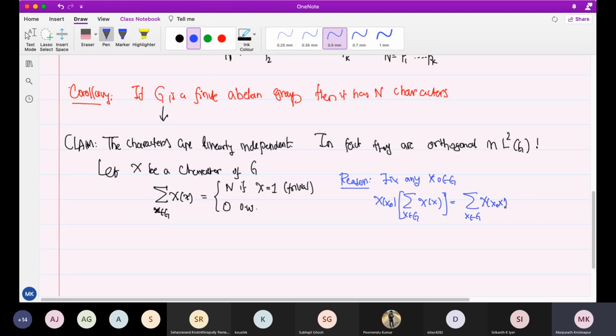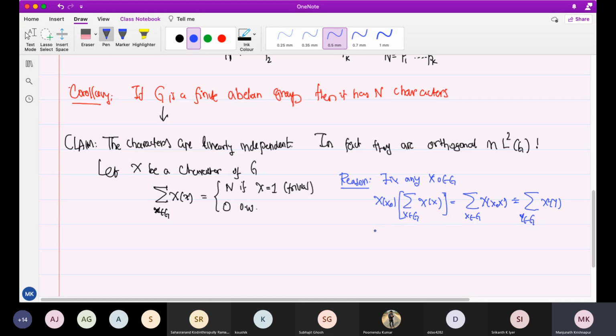I'm just writing multiplicative notation. This actually works in the non-abelian setting also, but if you want to write plus, I don't care. I will sometimes move between plus notation and product notation. I don't think it will be any confusion. But what is this? I have fixed an x naught and I'm summing over all x of chi of x naught x, but that's the same as summing over all the group elements. If I call this y, then multiplying by x naught just gives a bijection of the group into itself.